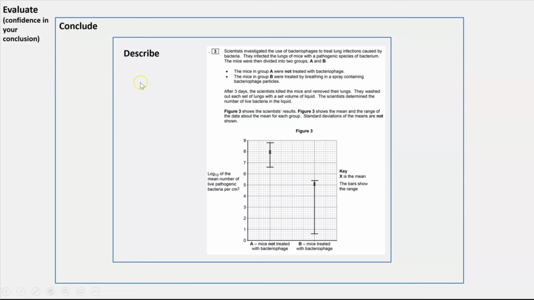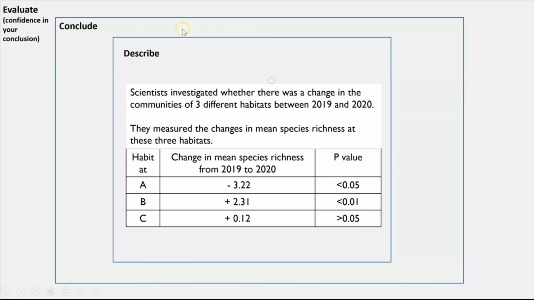So you could do this as a practice with paper 3 AQA questions, with these critical analysis questions, just focusing on picking out the description, conclusion and evaluation. And when you do that, it will be quite slow. It might take you 20 minutes before you even get onto the question. But the whole point is this is an exam technique you have to practice, and it will be slow at the start.